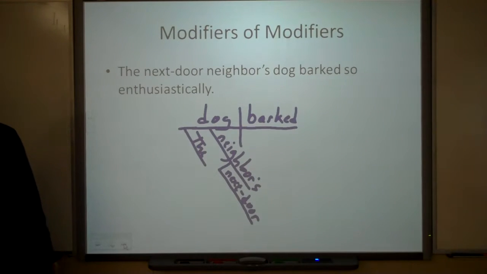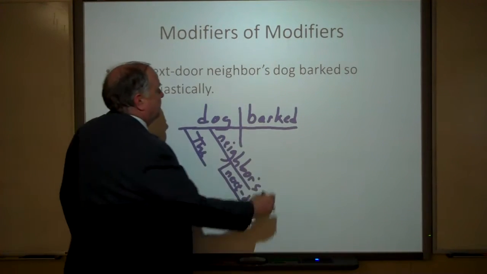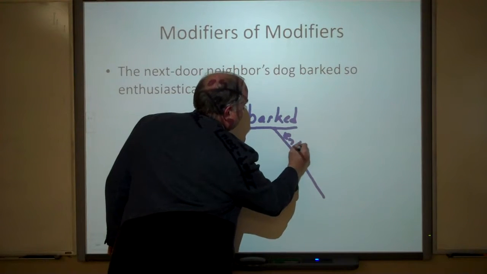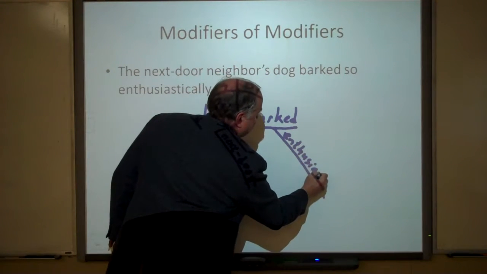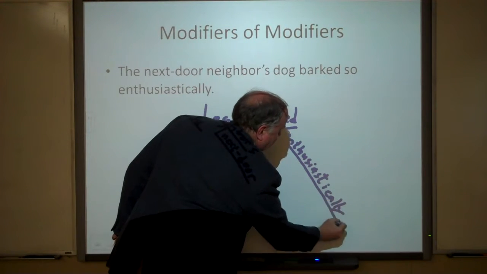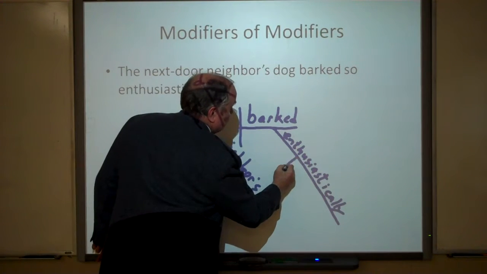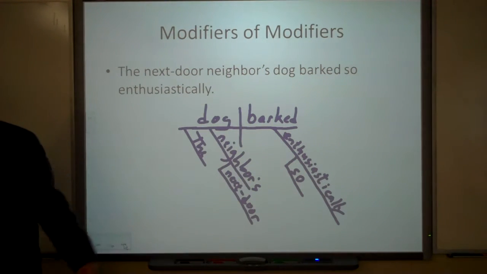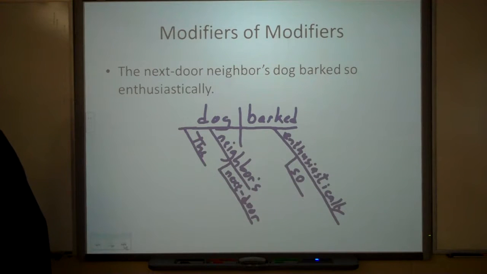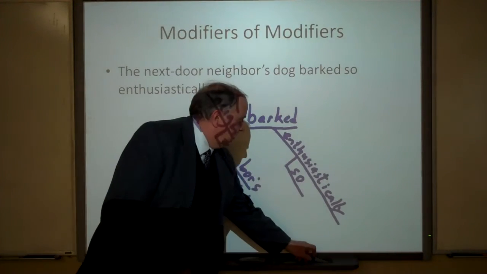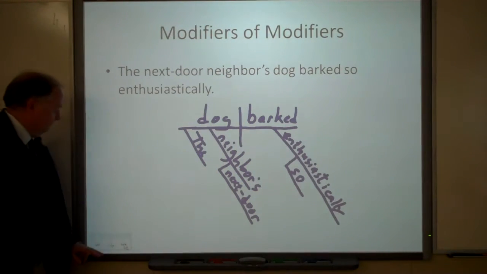Diagram it like that. Similarly, enthusiastically modifies barked. And then so modifies enthusiastically. So we do it like that. The next door neighbor's dog barked so enthusiastically. That would be how you would diagram it.